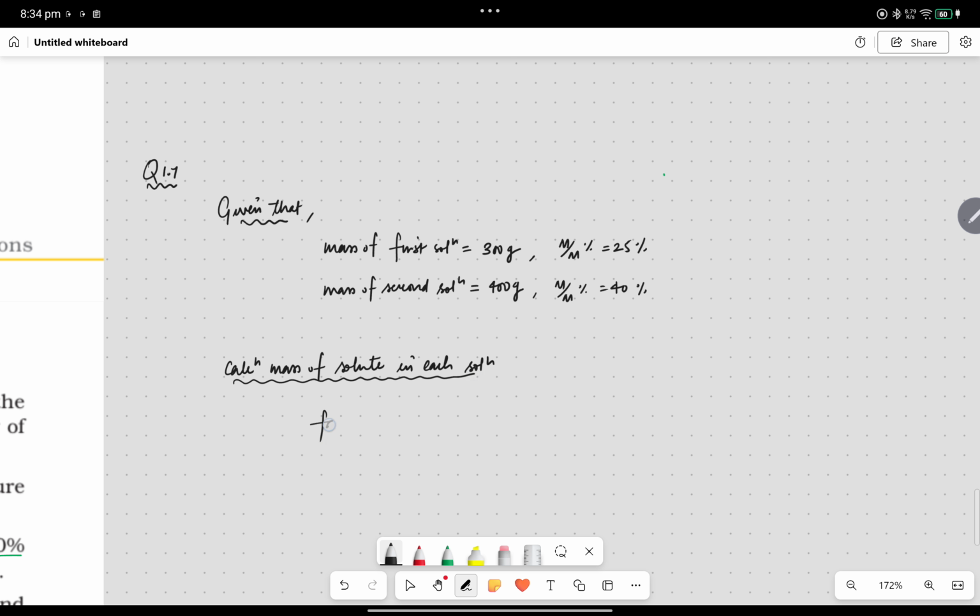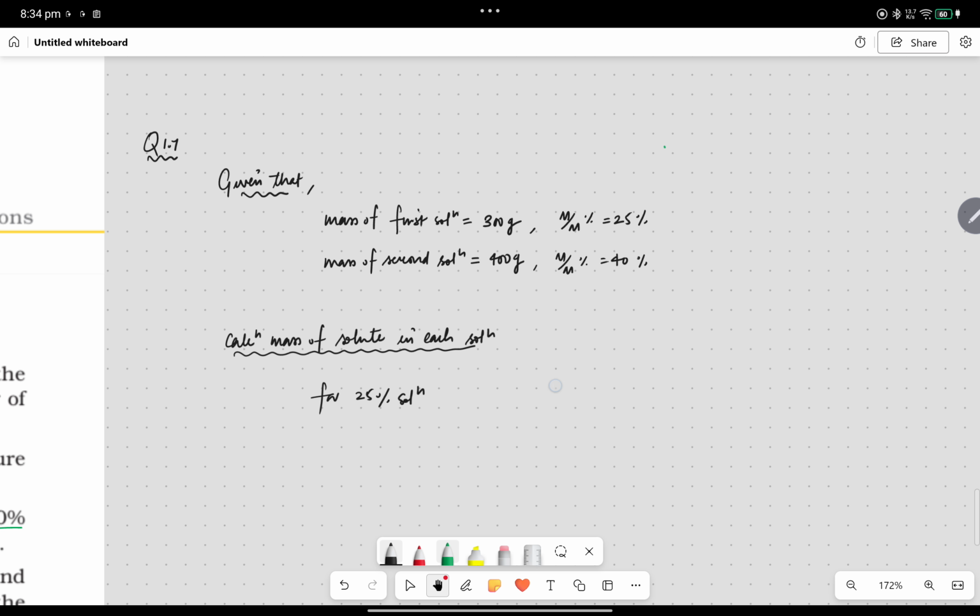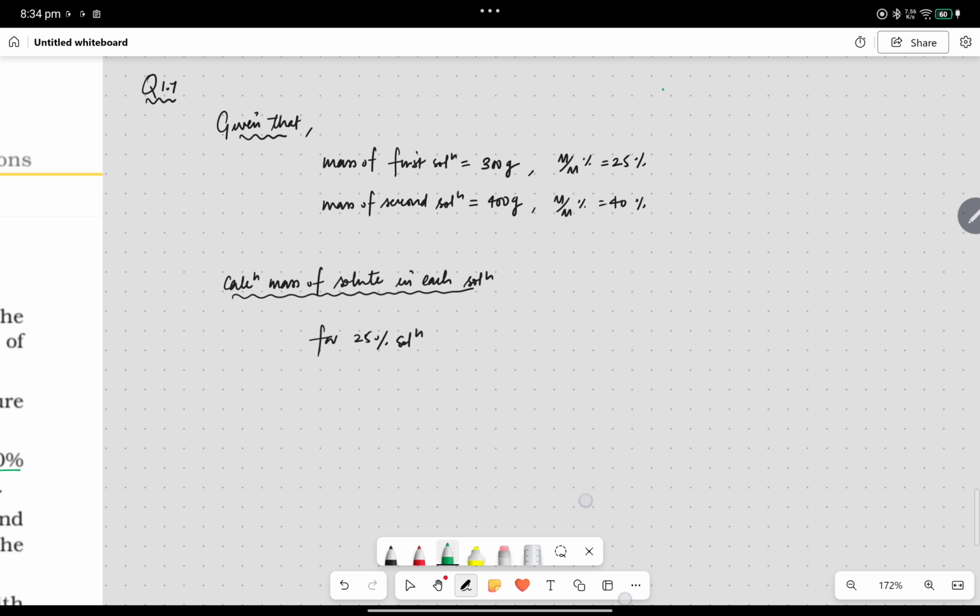For the 25% solution, what we are going to do is: mass of solute is equal to 25 by 100 into 300 is equal to 75 gram.